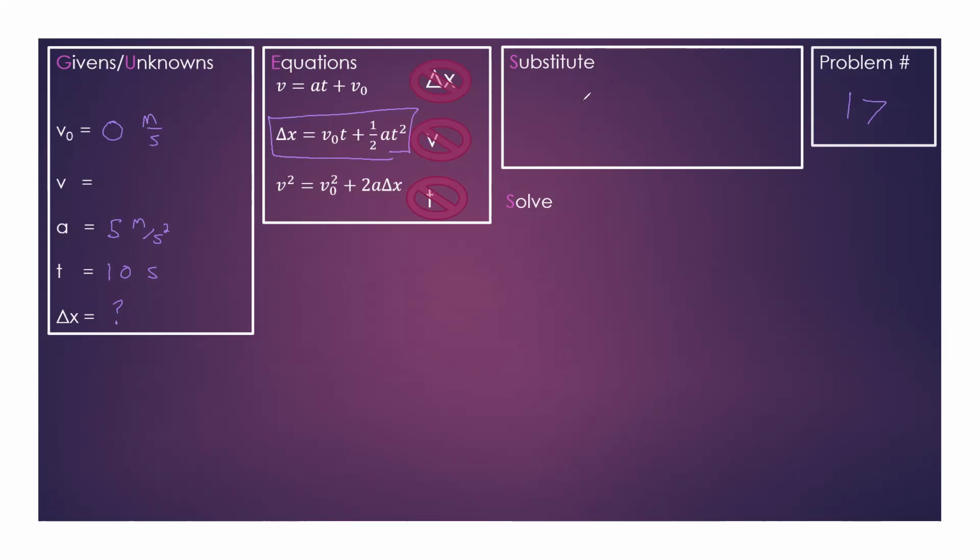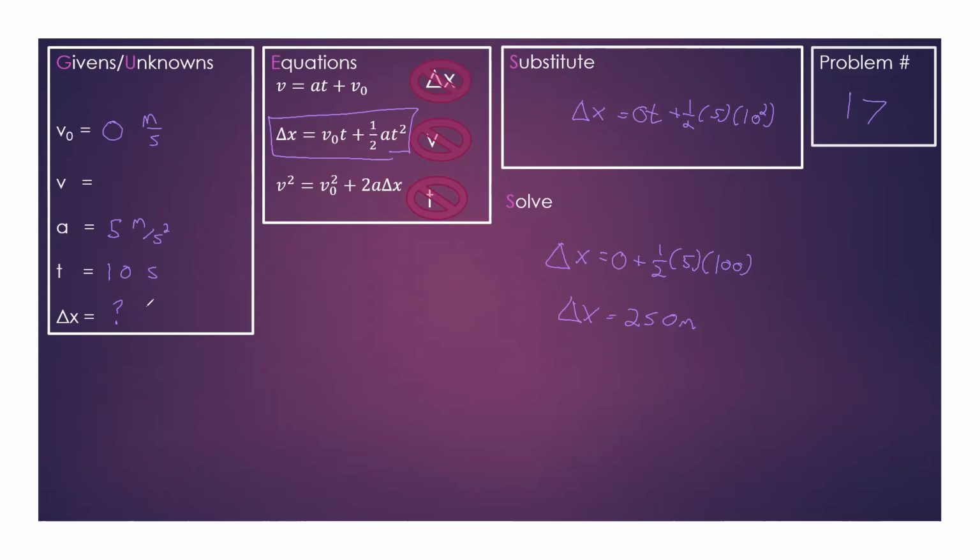So delta x equals v naught t plus 1/2 a t squared. Yes, I didn't substitute in the t there. I just realized I made that mistake. However, since it's multiplied by 0, that whole term goes away and is pointless anyway. 10 squared is 100. 5 times 100 is 500 times half is 250 meters.